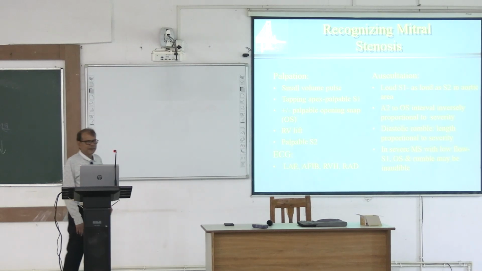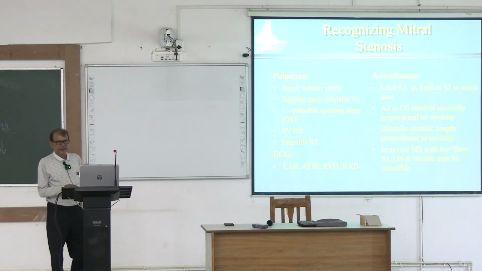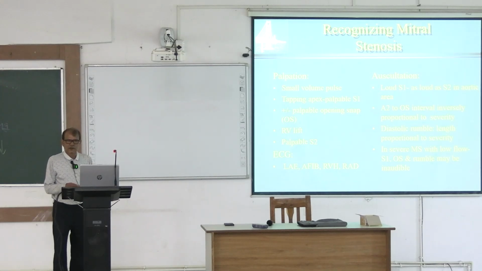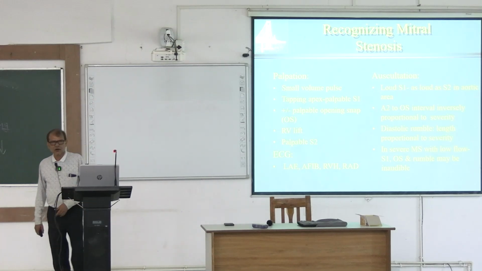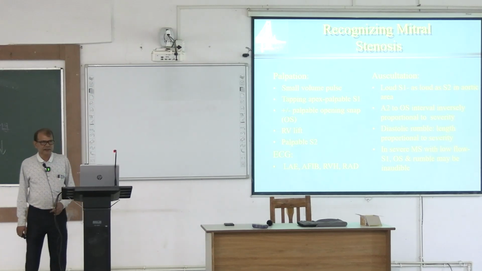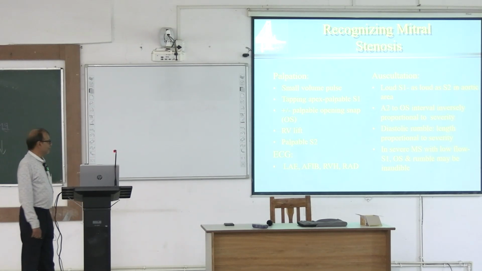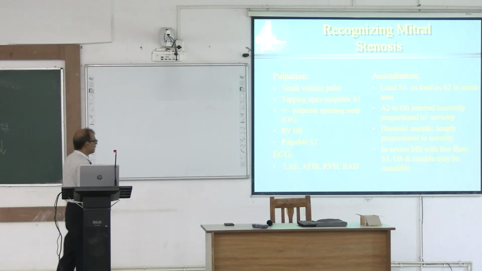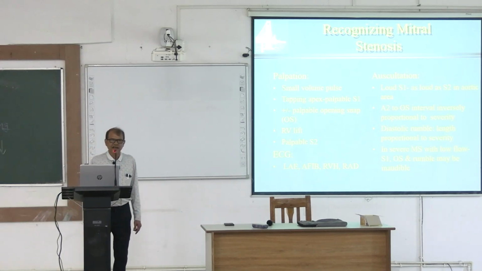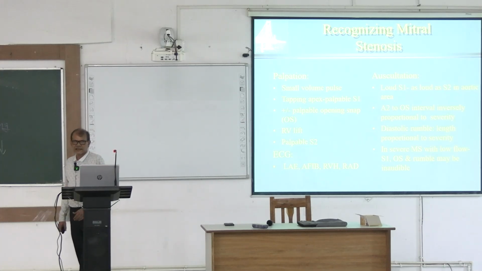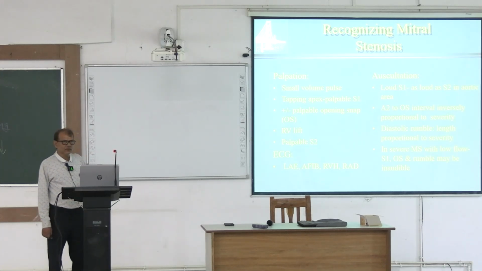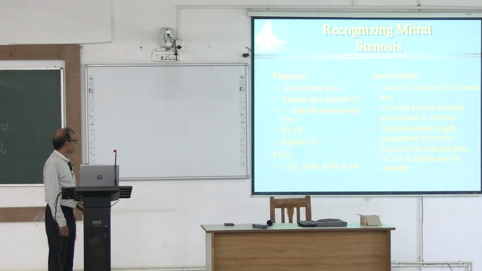Now, palpation. Number 1, small low volume pulse. Number 2, BP is usually normal or subnormal. Number 3, jugular venous pressure, there may be prominent A wave and delayed Y descent because of the delayed filling or slow emptying of the left ventricle.